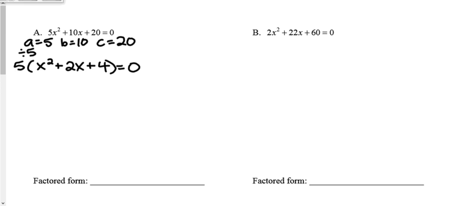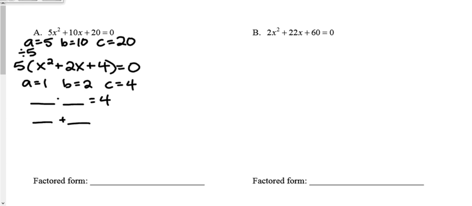So from here, what we're going to do is identify our new A, B, and C. And then we're going to go through our process. So two numbers that multiply to give you A times C, which is 4. Two numbers that also add to give you 2.